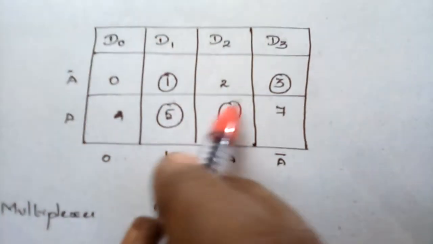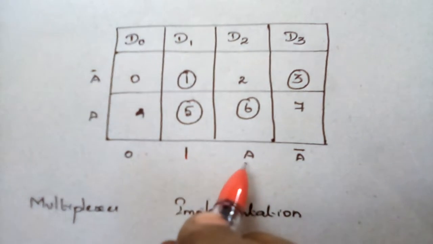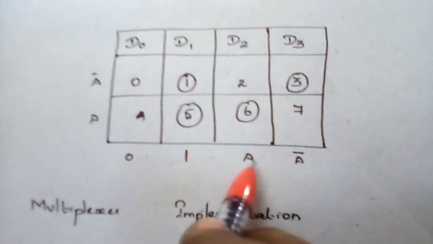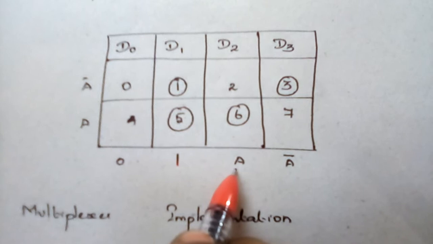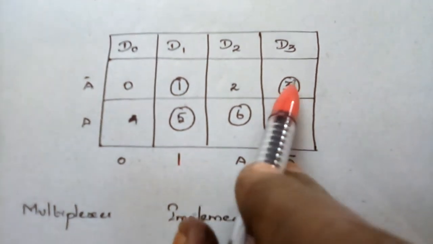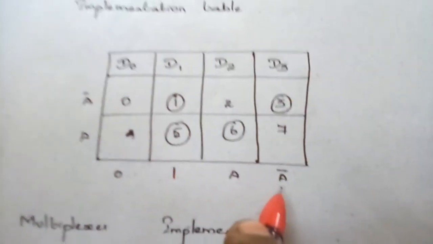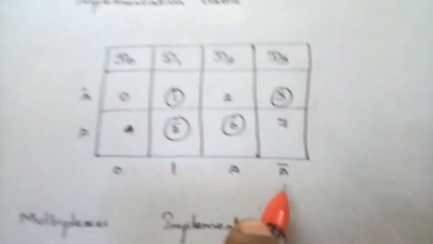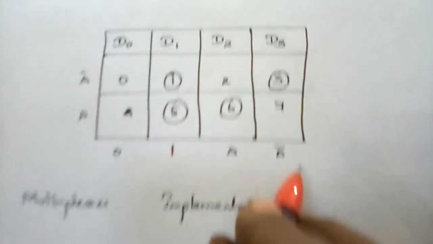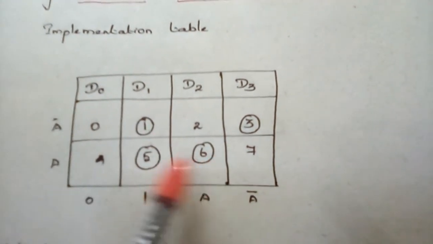If both the terms are encircled, I am writing this as high output, 1. If only one term is encircled and it is in the lower row of the table, I consider this as A. And if it is encircled in the upper row of the table, I consider this as A bar. The trick is that you need to check the function, whatever terms are given. So implement the table and then encircle the terms given.